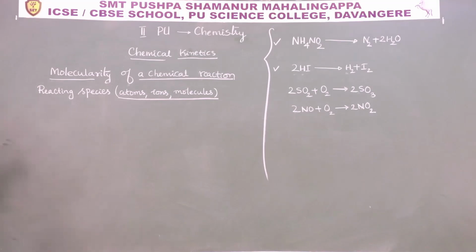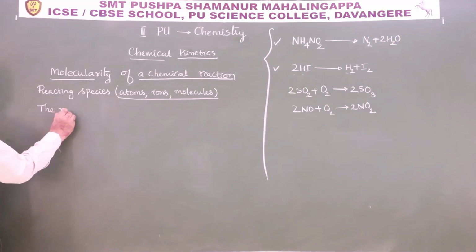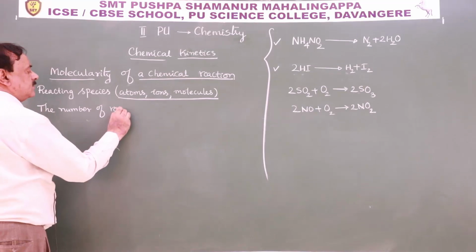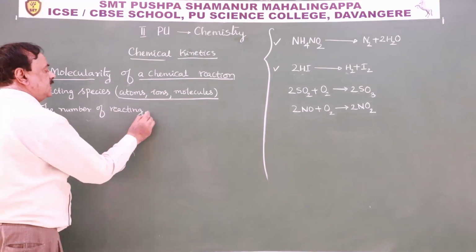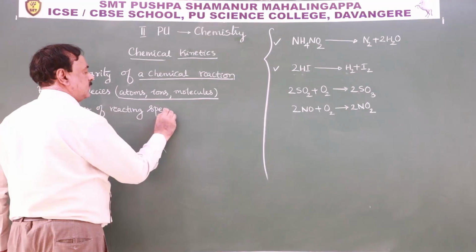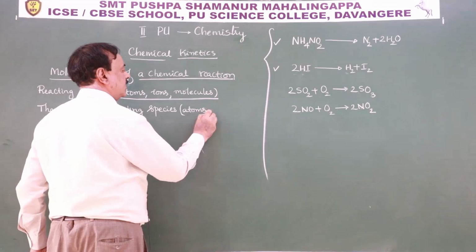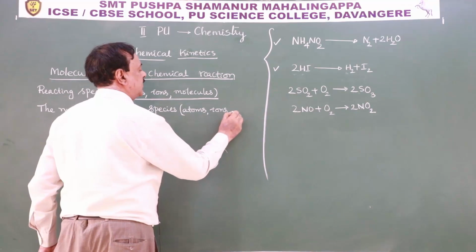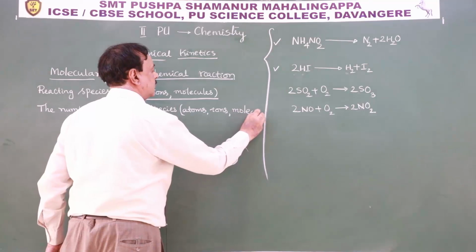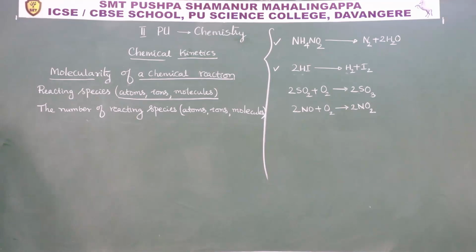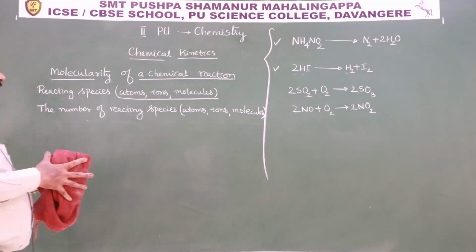The number of reacting species may be atoms, or ions, or molecules taking part in an elementary reaction.